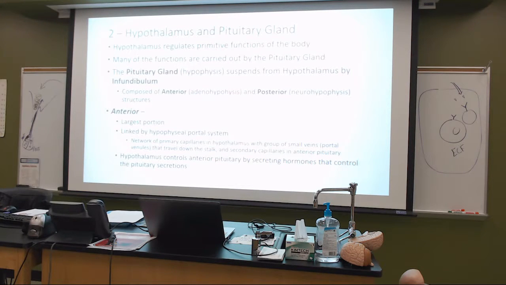The posterior is responsible for certain hormones. So I need what was made in the hypothalamus to make its way to the anterior pituitary so that those cells can carry out what the hypothalamus said to do.